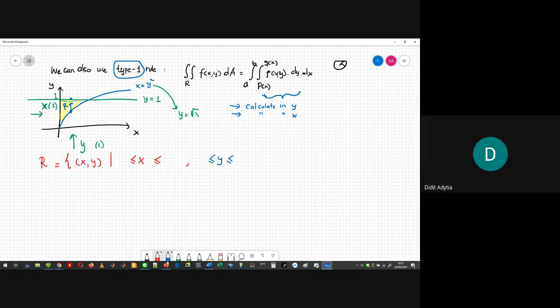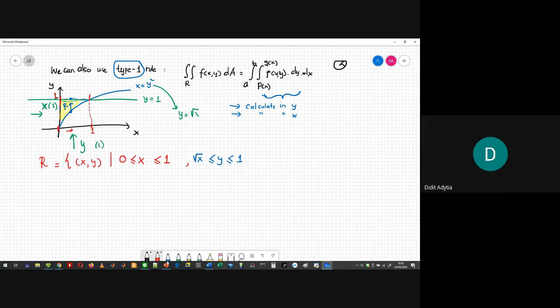Berarti y is between square root of x sampai dengan, ingat ini berapa? 1 until 1. Oke, x-nya dari mana? X-nya dari sini. Nih, lihat ya. Kalau ini 1, di sini ada 1 kuadrat, berarti X-nya adalah 1. Berarti X-nya dari sini sampai sini. Dari 0 ini, berarti dari 0 ke 1. Oke? From 0 to 1.